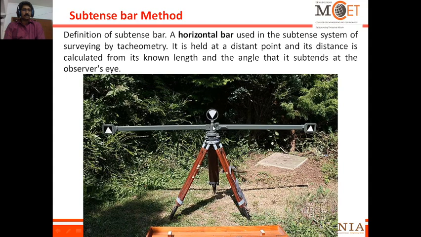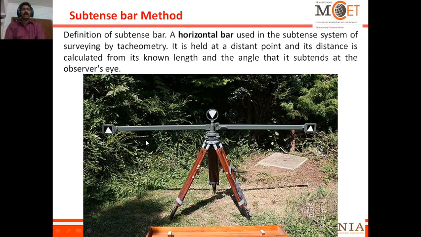So this distance from center to this is fixed, and this tripod with the subtense bar will be fixed such that from that point I require my distance to my instrument position. So the instrument will be set up in such a way that from that position I require the distance for this point.